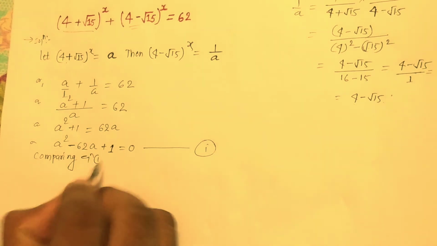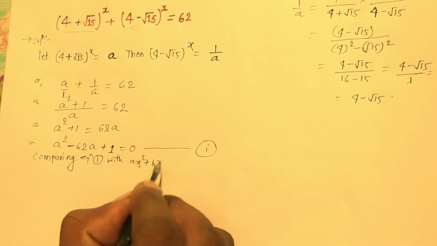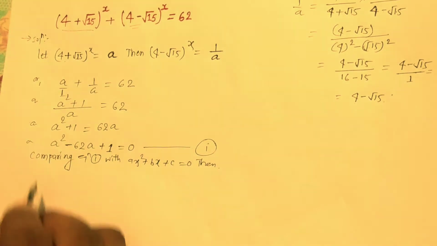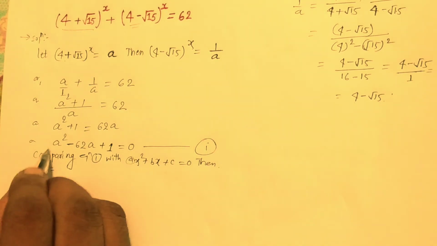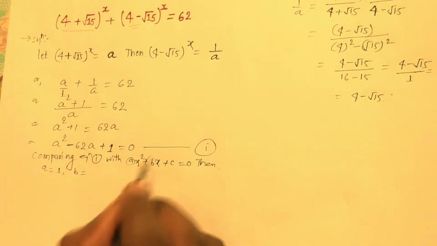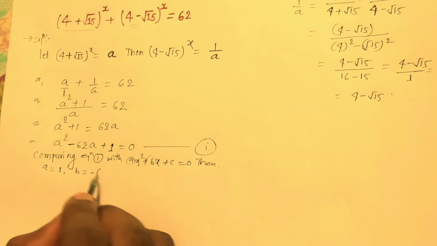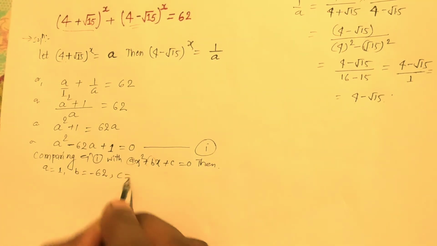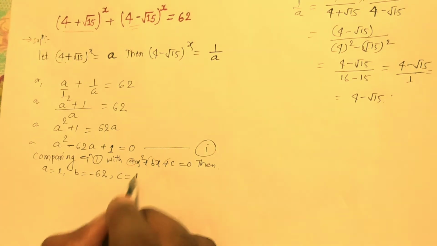Comparing equation 1 with the standard equation ax² + bx + c = 0, we have a = 1, b = -62, and c = +1.